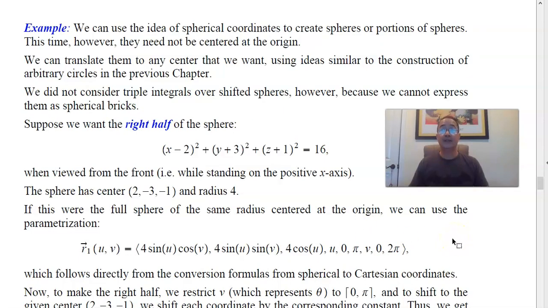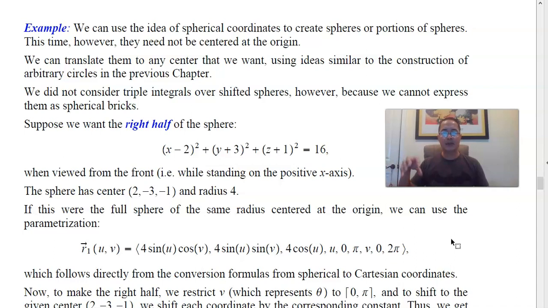All right, let's talk about spheres. We can use ideas from our discussion on spherical coordinates to parameterize a sphere, and this time it doesn't have to be centered at the origin anymore. We didn't do this in our chapter on triple integrals because if your sphere is no longer centered at the origin, it can't be expressed as a spherical equation anymore.